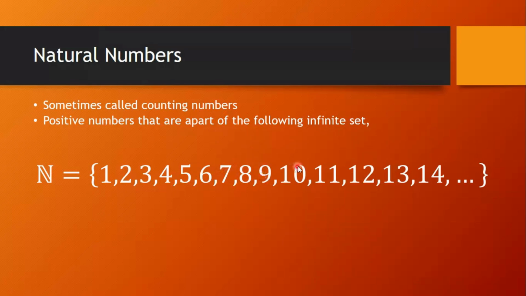Any positive number that is a part of this group of numbers, we call a natural number. Our natural numbers start with 1, and then the next one is 2, and then 3, and then 4, and it will continue on in this pattern all the way on to infinity.